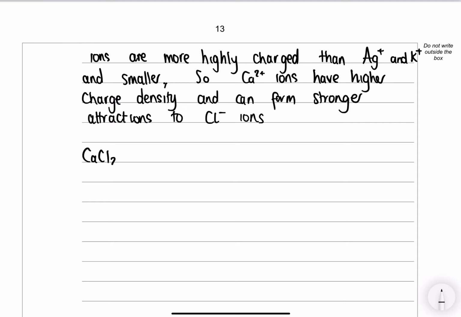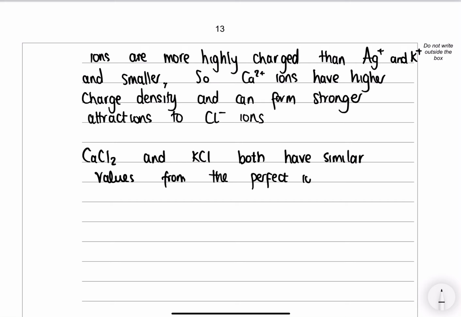So CaCl2 and KCl both have similar values from the perfect ionic model and the Born-Haber values. What does that tell us?